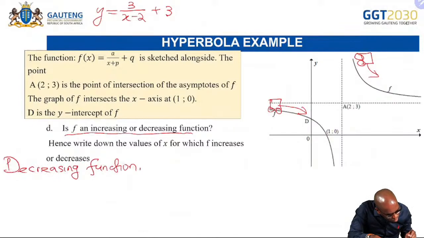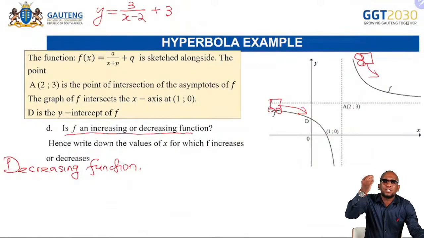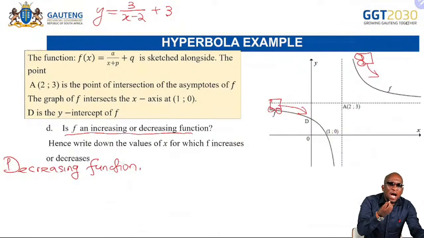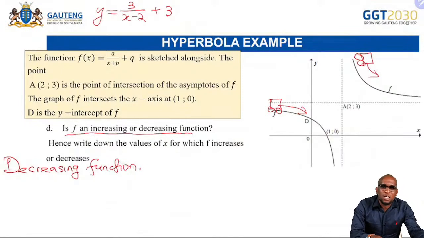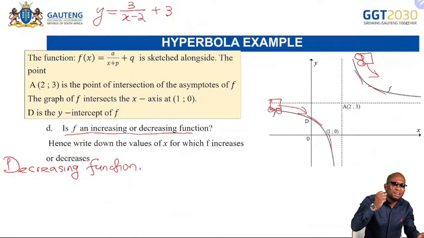But if they were to ask you why you are saying it's a decreasing function, then you would say when x increases, y decreases. That's how we define a decreasing or an increasing function. Or we can also use the gradient of the tangent. If you put a tangent here, you can see that this tangent represents a decreasing gradient.